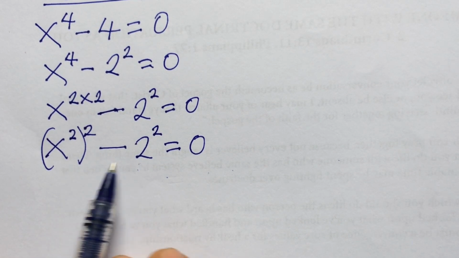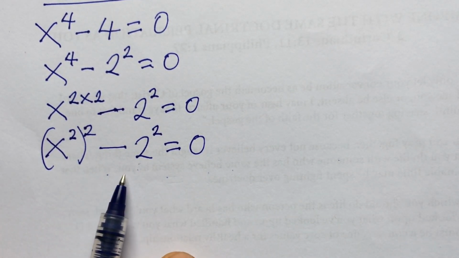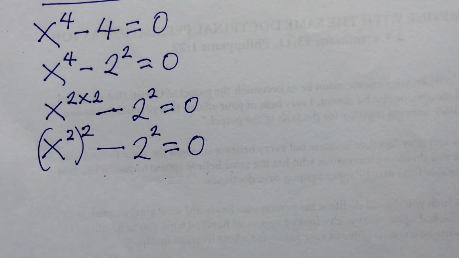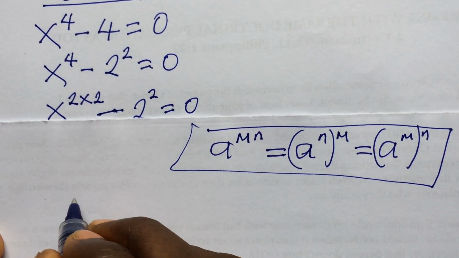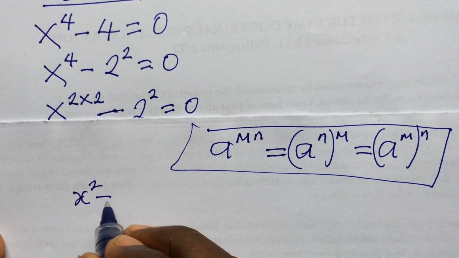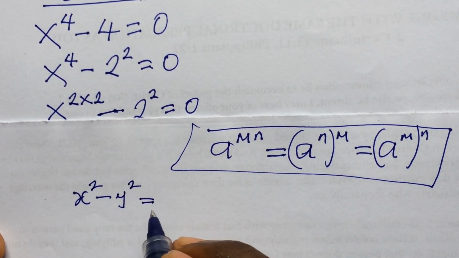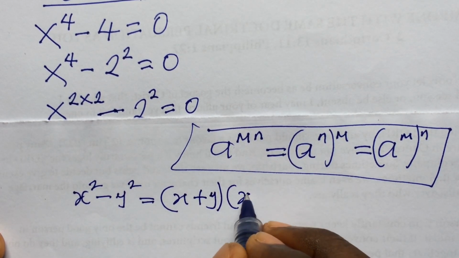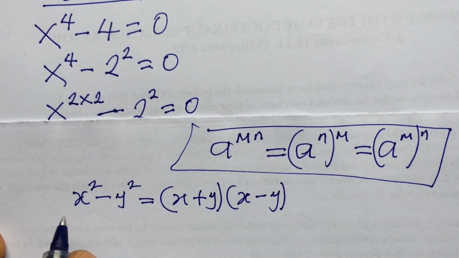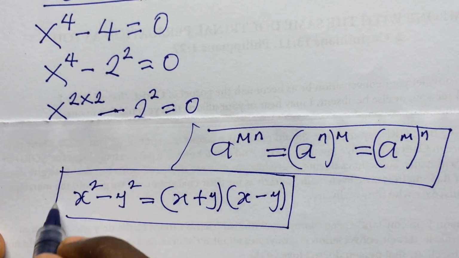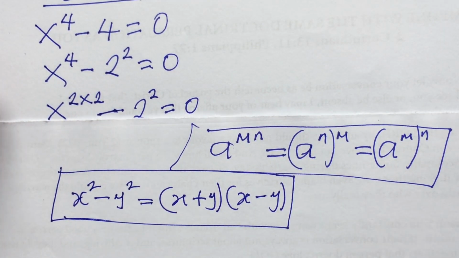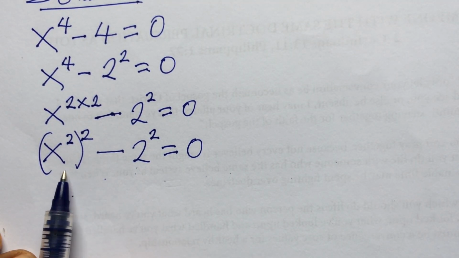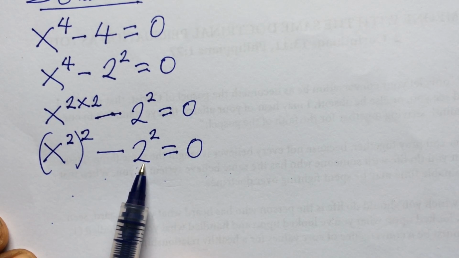Okay, let's proceed again. If you look at this carefully, you will see a difference of two squares already. And what does it say? The difference of two squares says that if you have x to the power of 2 minus y to the power of 2, this is equal to bracket x plus y close bracket, bracket x minus y close bracket. And so if we apply this rule, we can consider x to the power of 2 as x and 2 as y.